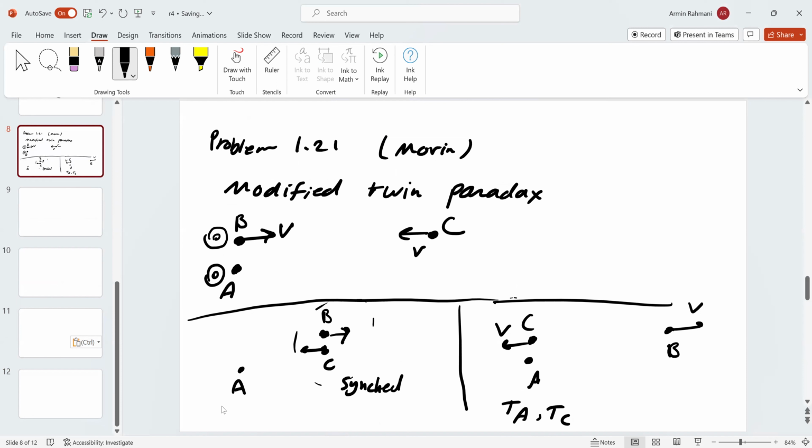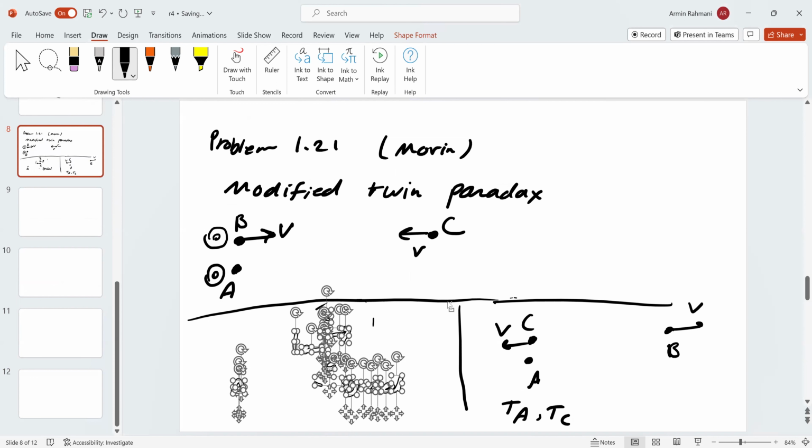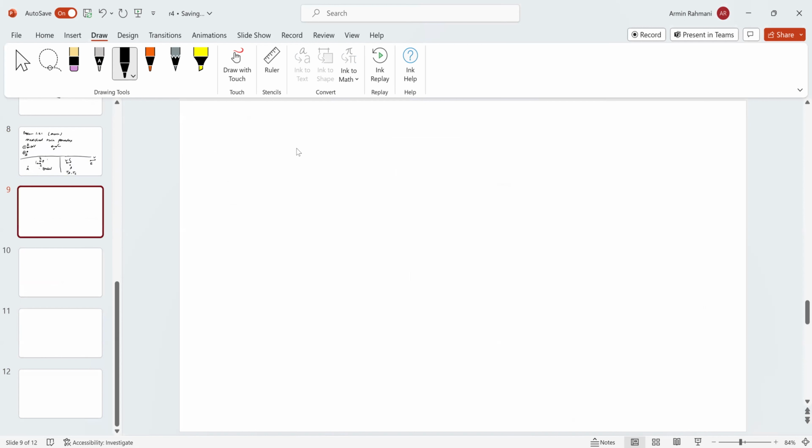So those are the pictures for frame A. Let me keep one of them at that handoff position where B essentially tells C where to put her clock.